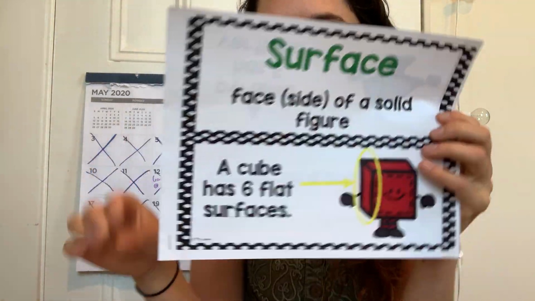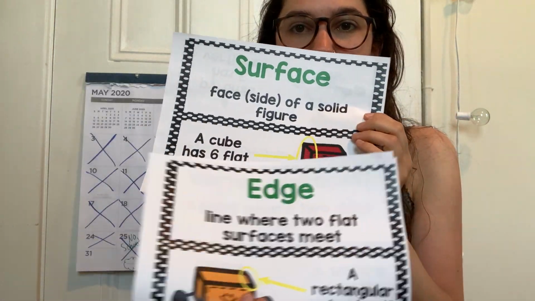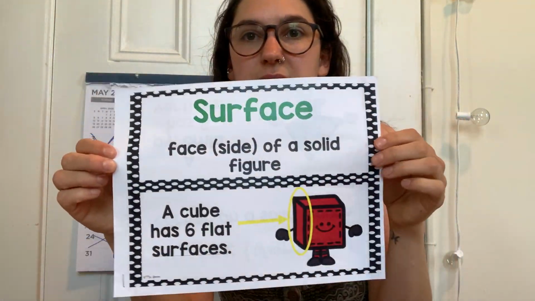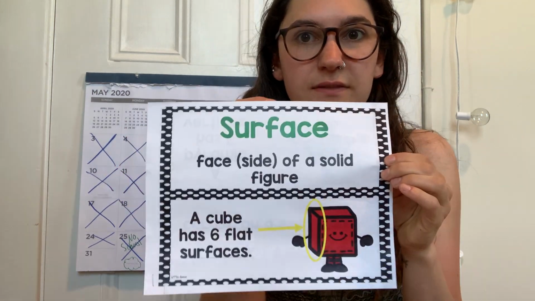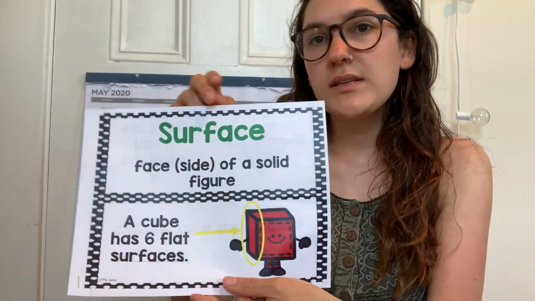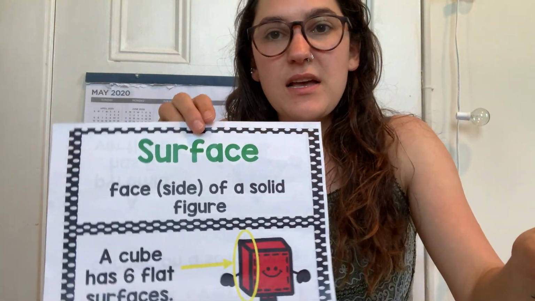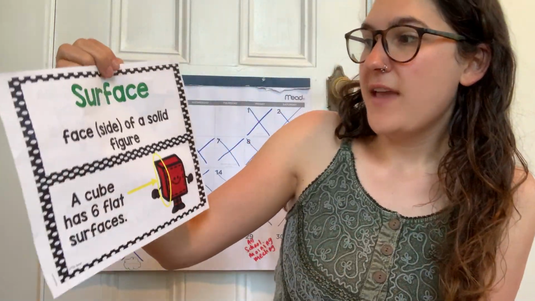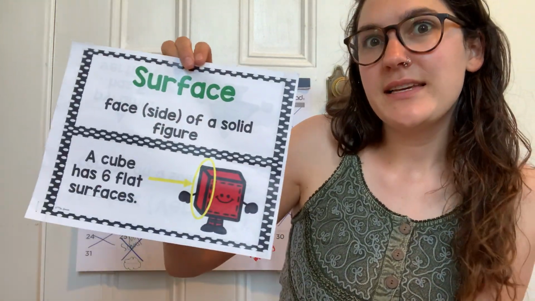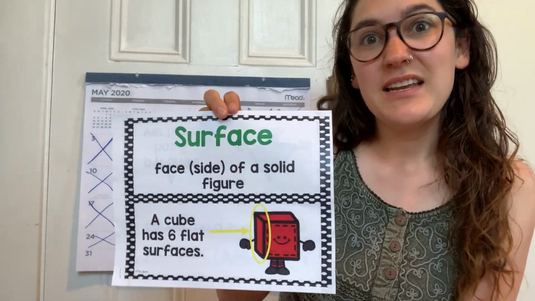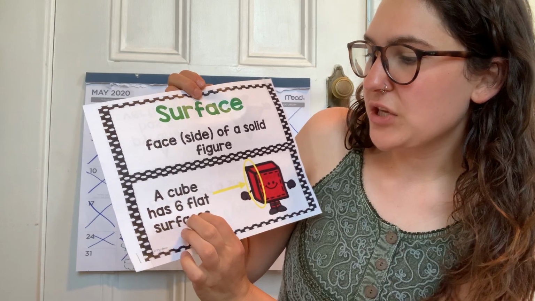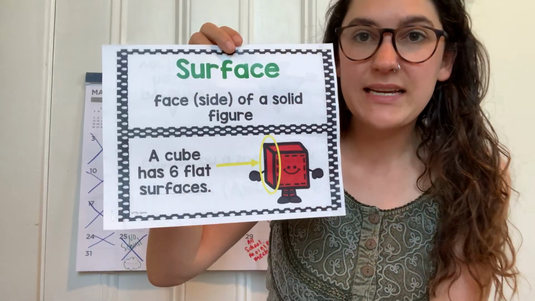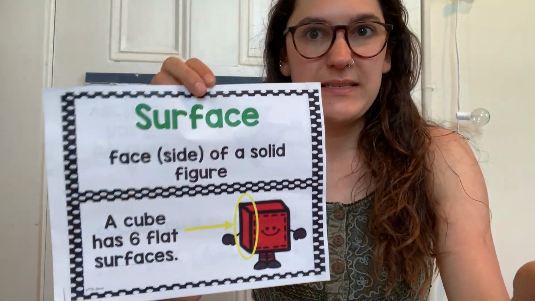But then I want to talk to you about some of these papers that you have. This first one is the surface of a shape. It's also called just the face. It says a face or side of a solid figure, and that's another way to say a 3D figure. So this is a cube. A cube has 6 flat surfaces.